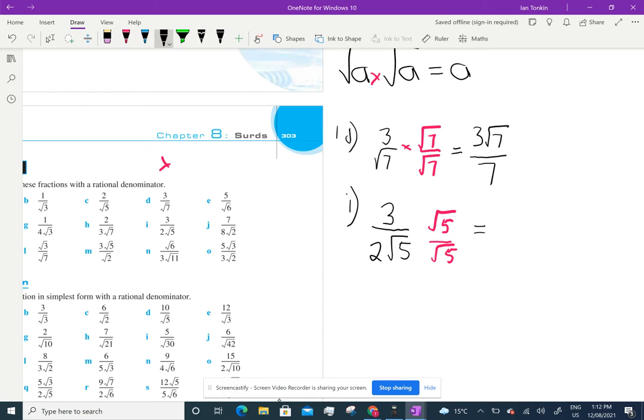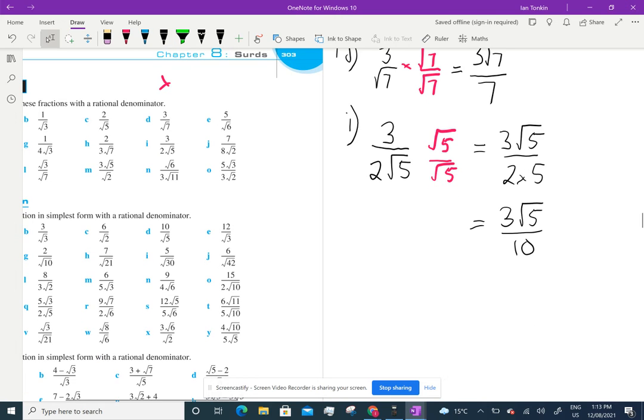On the top, I get 3 root 5. On the bottom, I get 2, and root 5 times root 5 is 5, so I get 2 times 5. Well, that's 3 root 5 on 10. Nothing can come out of the root 5, and I can't cancel any of the factors of 3 and 10. So that one's done as well.